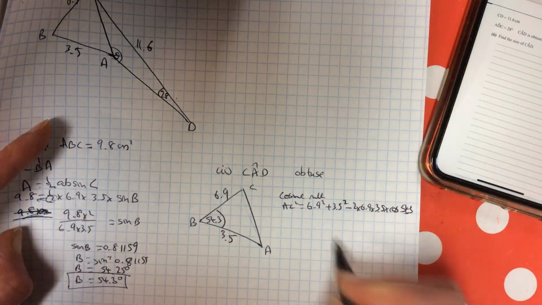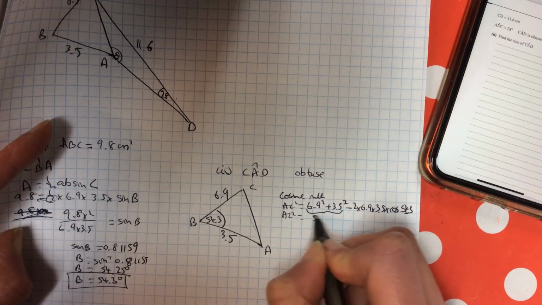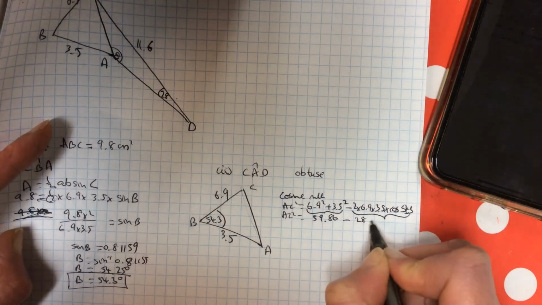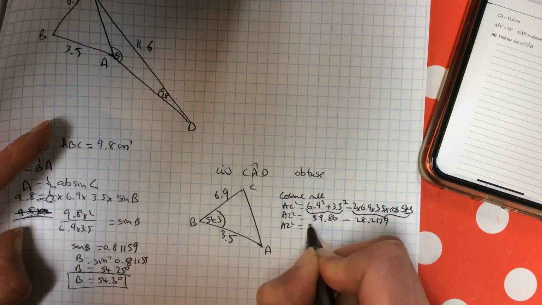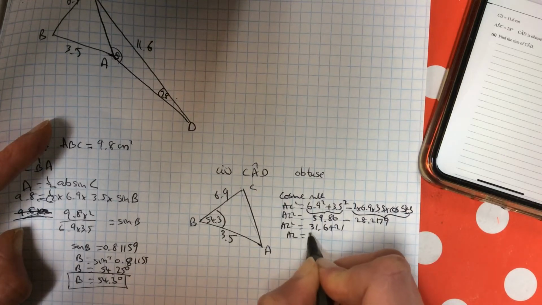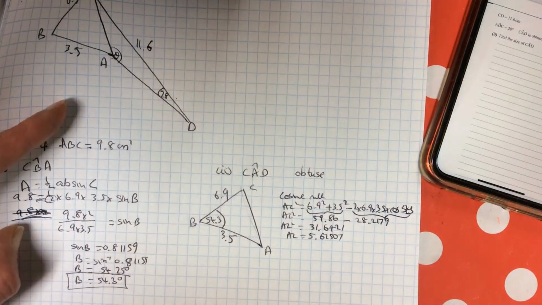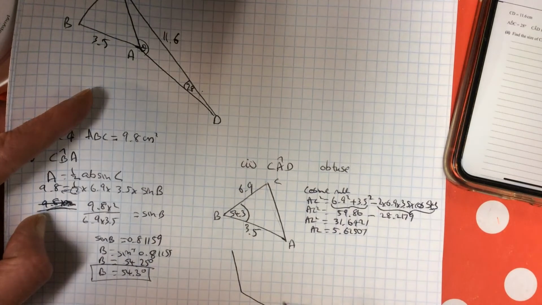When you're putting this into the calculator, do these 2 bits first to give you 59.86. Do this bit next, so 28.2179. Subtracting those, you get 31.6421, and then square root it at the end, 5.62507.